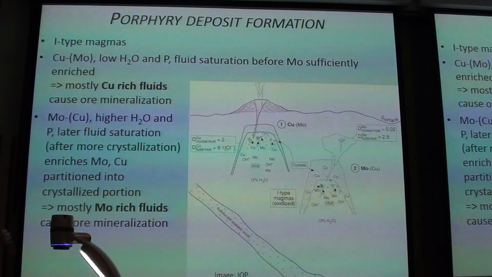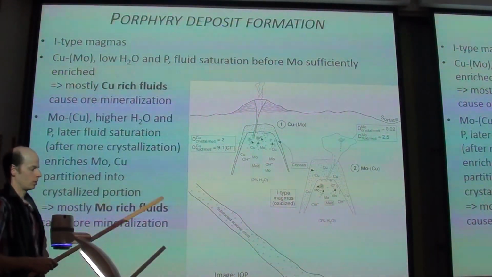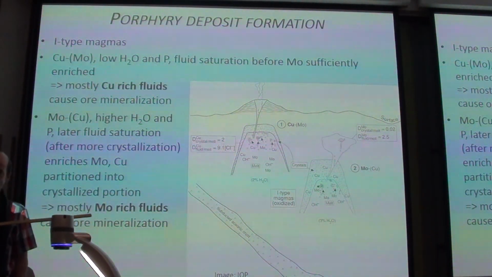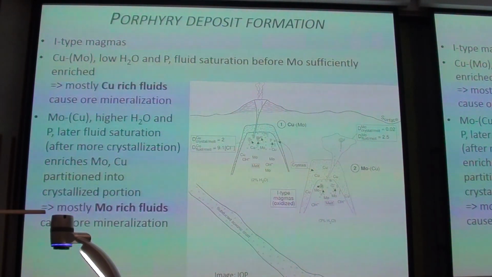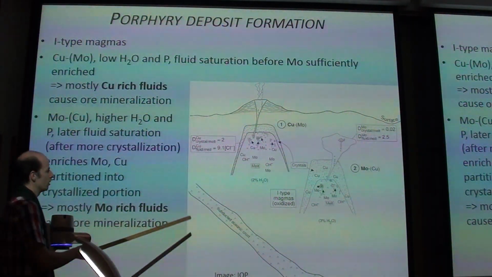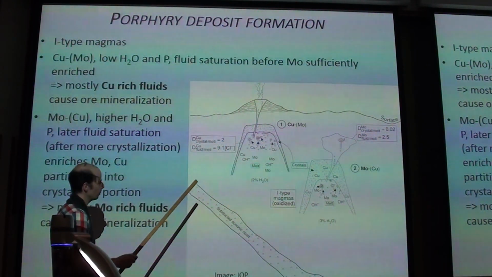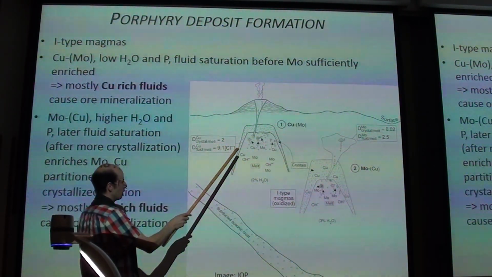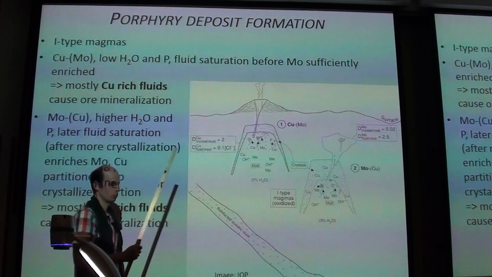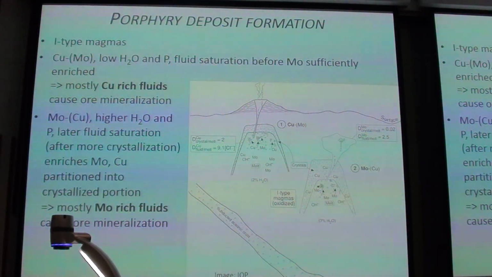And because boiling occurs relatively early in the crystallization history of the magma body, the melt is still rich in copper. So the fluids are able to scavenge the copper from the melt and transport it further up, where it's precipitated.